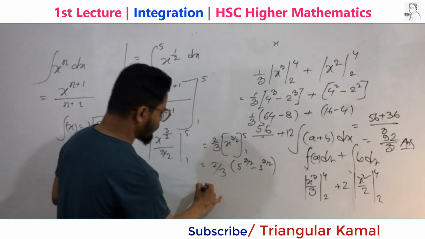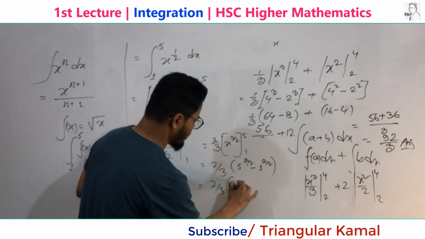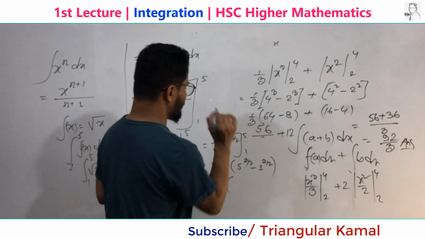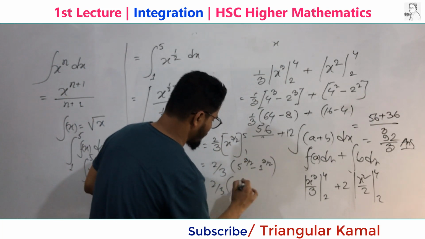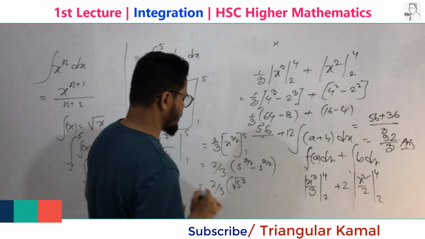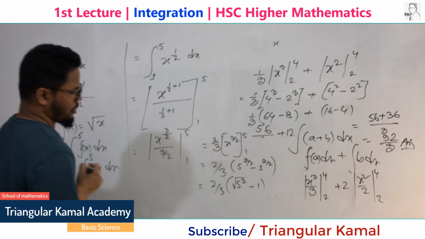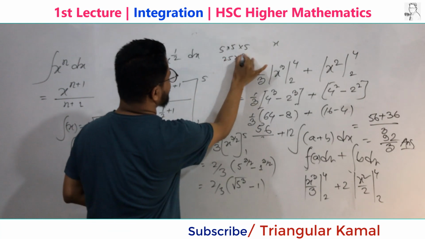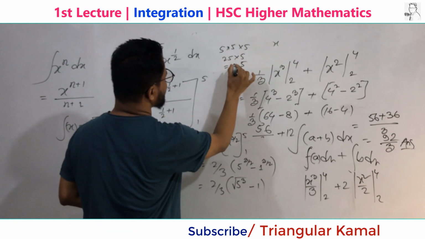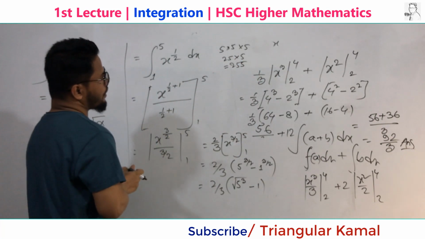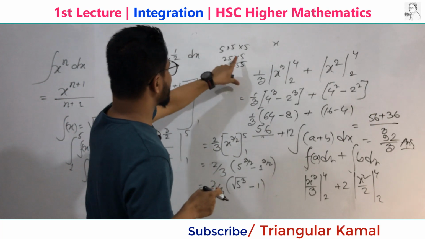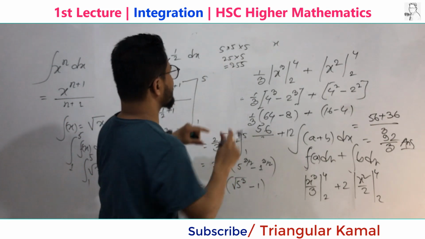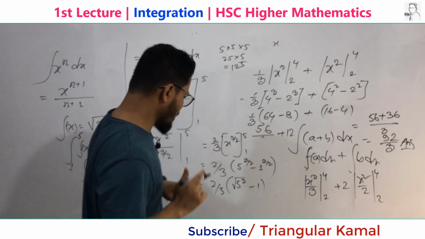And 5 to the power 3 by 2 we can write as 5 cube under root, and this one will be 1. 5 cube: 5 multiply 5 is 25, multiply 5, 5 fives are 25, carry 2, and 5 twos are 10, this one will be 125.